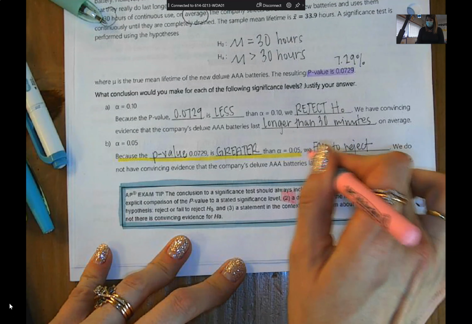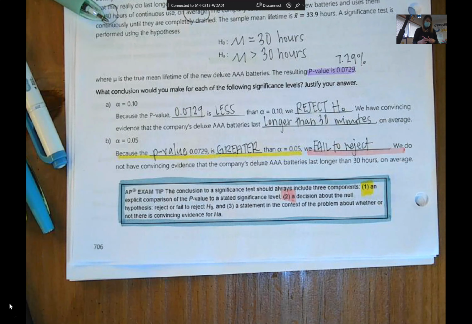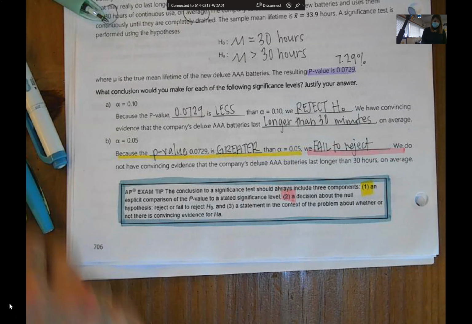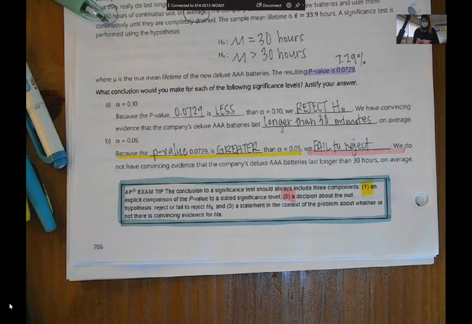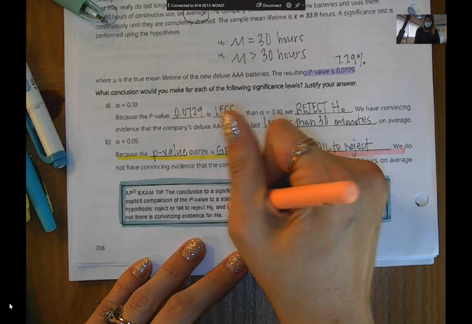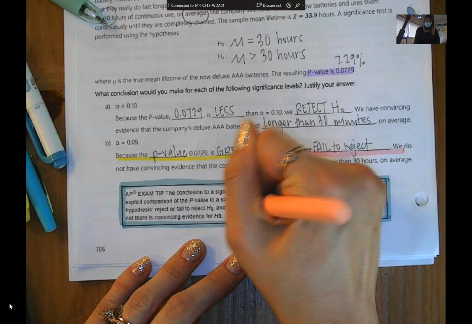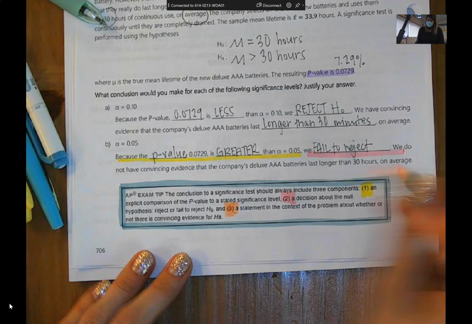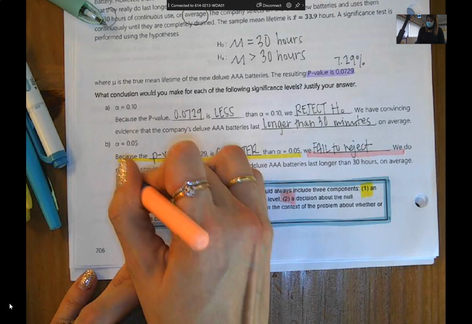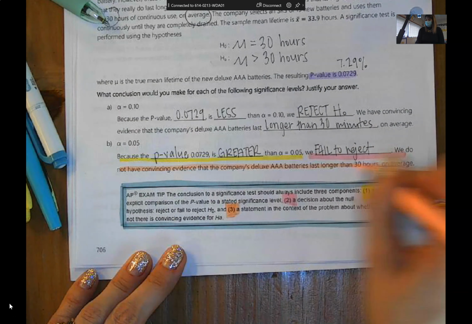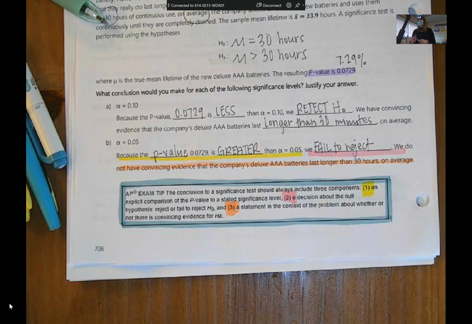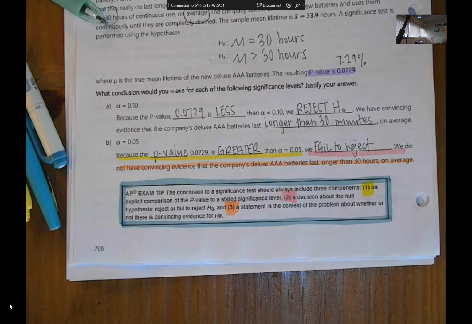So we fail to reject. And then the last thing that they want us to do is make a statement in context of the problem. We do not have convincing evidence that the batteries last longer than 30 hours. And we'll practice this once we get into our free response.